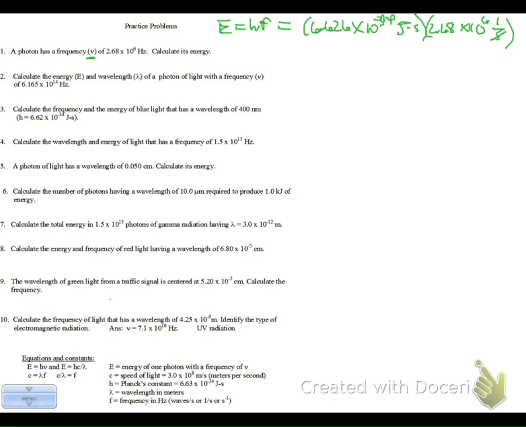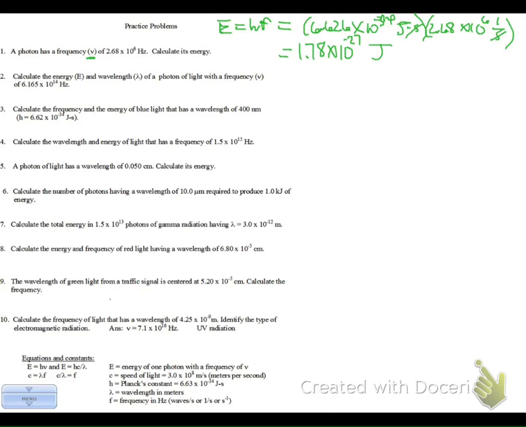So the seconds here will cancel, and that'll leave me an answer in joules, which is exactly what I'm looking for. Get your calculators out, and the answer to this problem is 1.78 times 10 to the minus 27 joules. That would probably be a radio wave, or most likely a radio wave. I don't think it would even be a microwave.